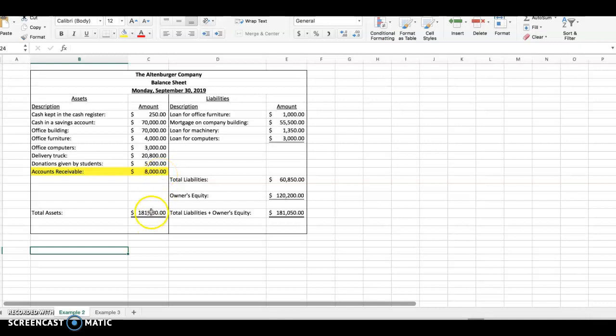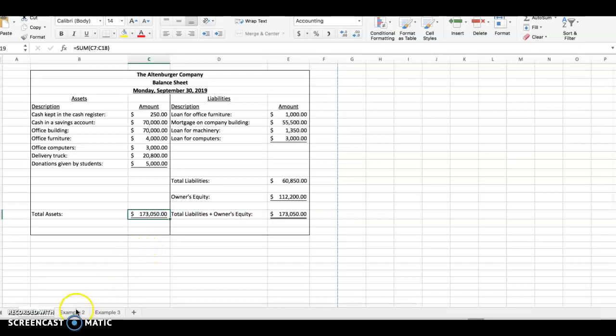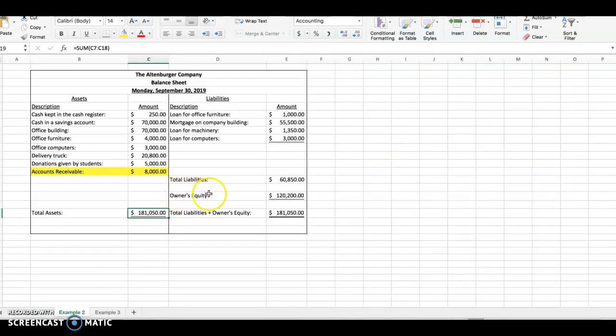But look what it does. Obviously, it should increase total assets. In example 1, total assets was $173,050. I added $8,000, so it went up. On the right side, we will assume liabilities doesn't change. We don't owe any more money. It stays the same as it was in the first example. But look what happens with owner's equity.